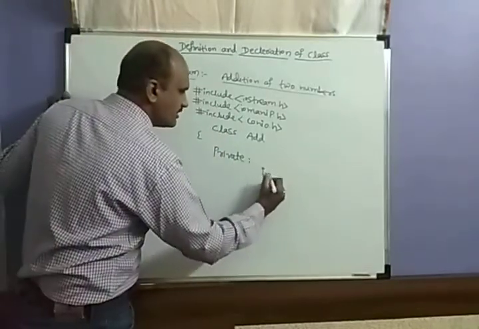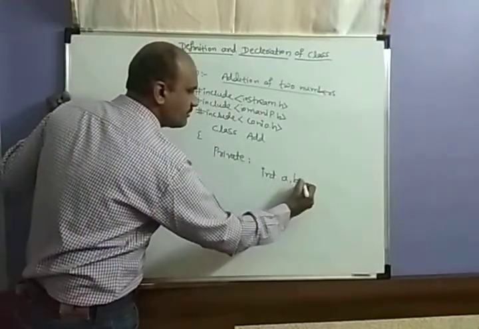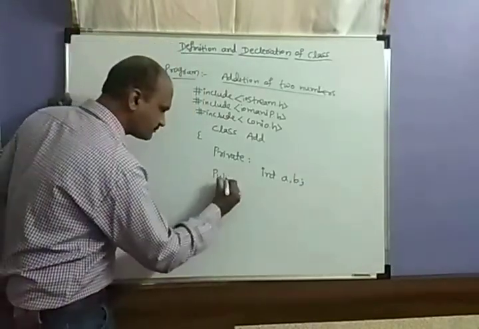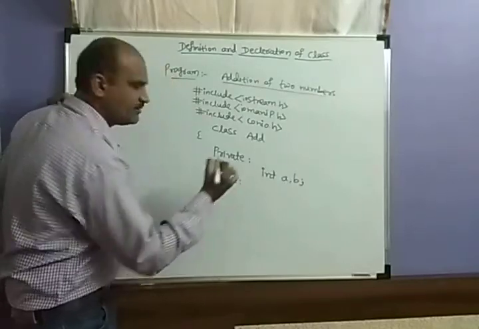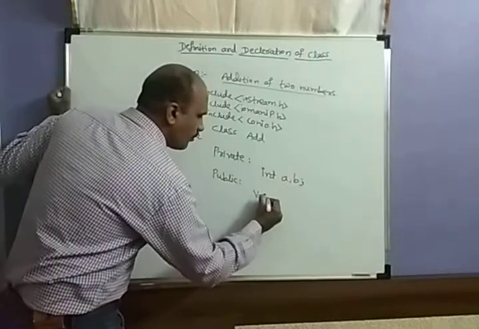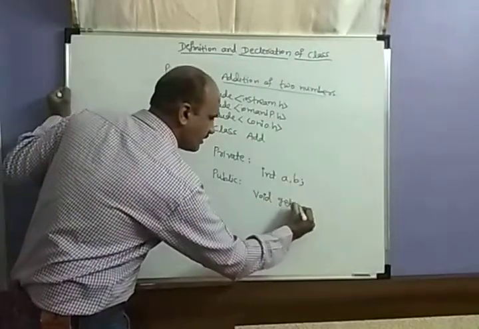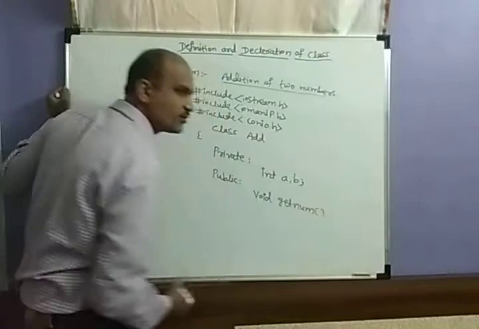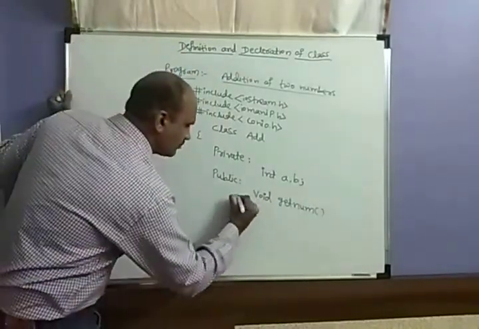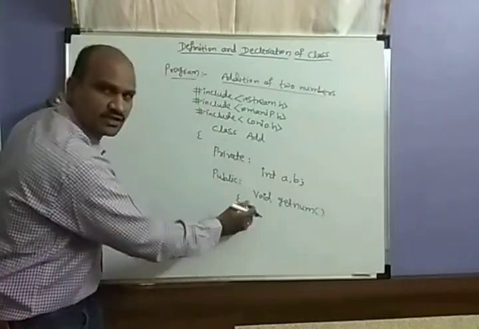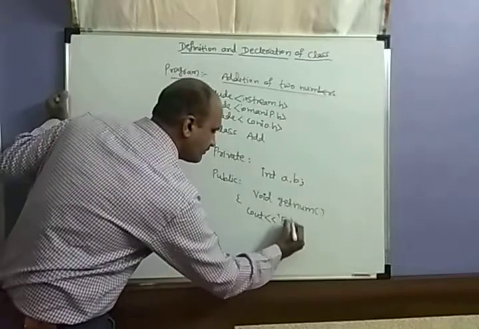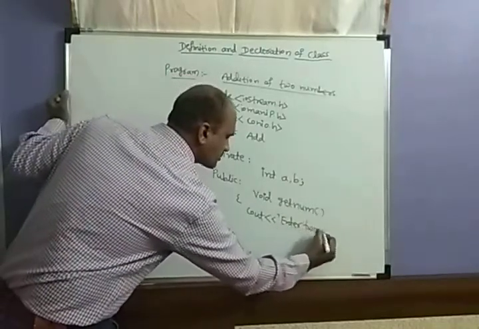You can use integer a and b. Okay, then public. In the public, as I told you, the functions. So one function I will write, void getnum, is the one function. Okay, in that function what you will write, you will enter the numbers. So in this public function, cout enter two numbers.